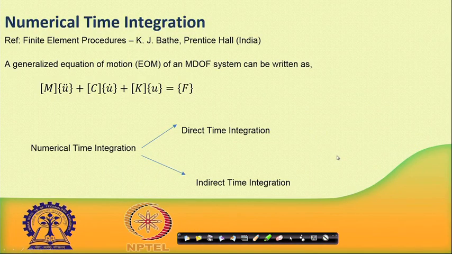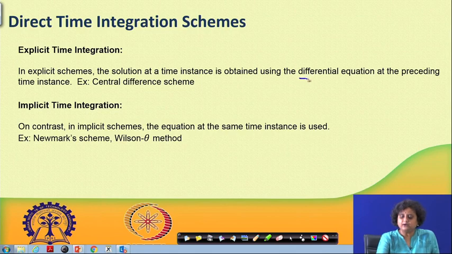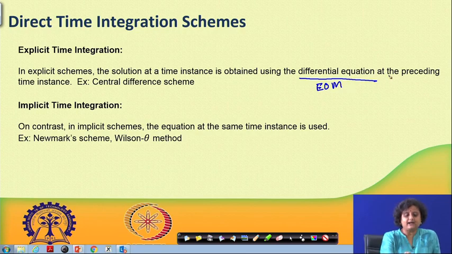So, let me move into the details about direct time integration schemes. Direct time integration schemes can be of two forms: the explicit time integration scheme and the implicit time integration scheme. In explicit schemes, the solution at a time instance is obtained using the equation of motion at a preceding time instant.